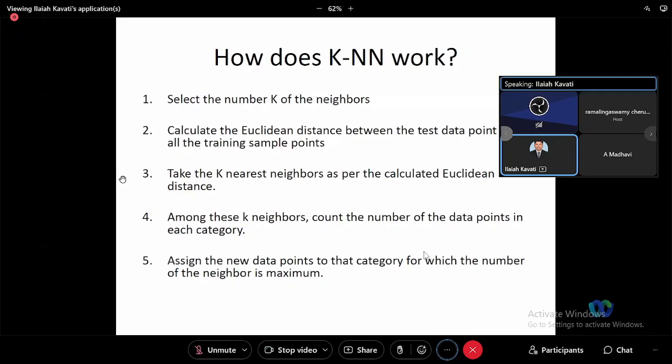If I compare my cabin position with who are the neighbors of my cabin, CSE people only, right? If a new external person comes and sits in one of the cabins, to say whether he belongs to CSE or ECE or EEE, if I sit in a CSE cabin, then I may belong to CSE, right?